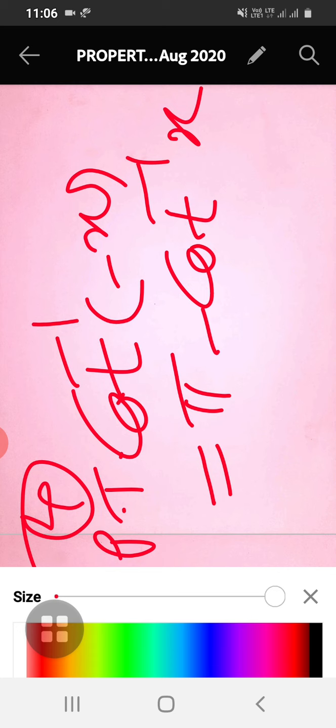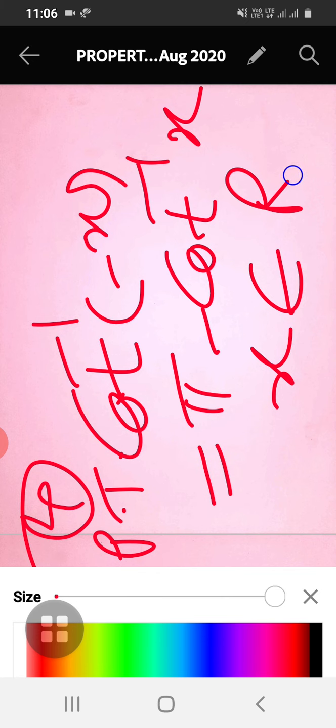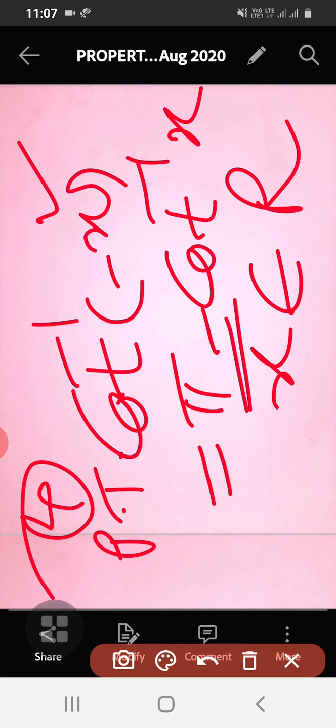Here also x belongs to real numbers. We know the domain of cot inverse x is the set of real numbers. We can prove this one also in the same way. Cot inverse of minus x is equal to pi minus cot inverse x. So let us take up the proof here. How do we begin?